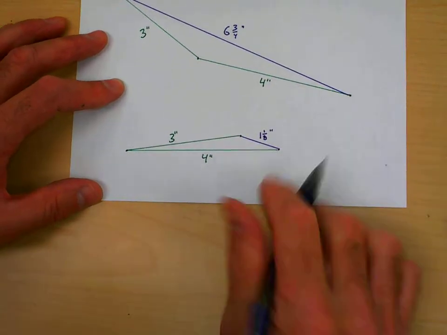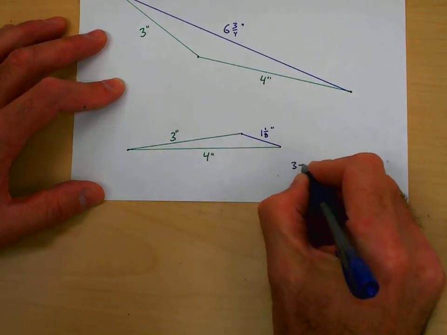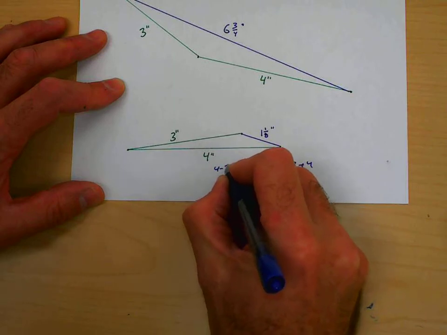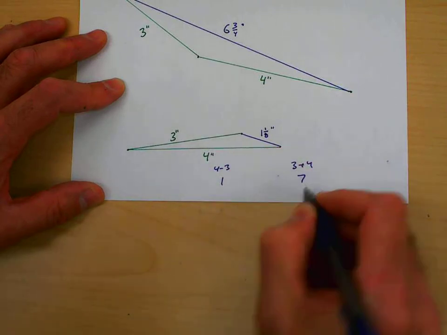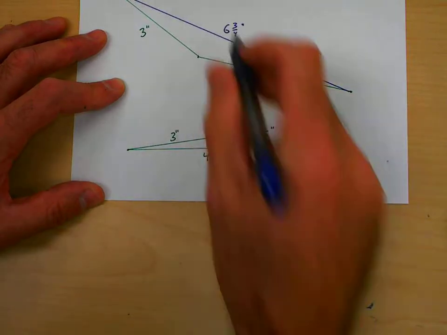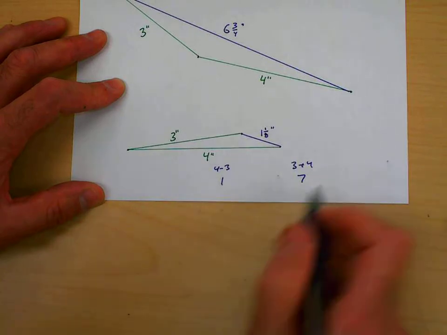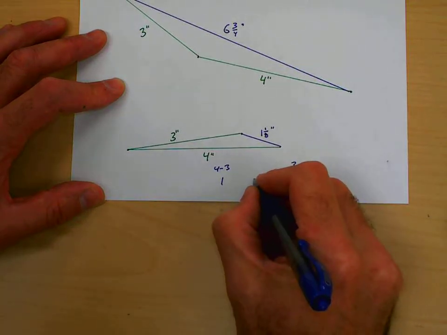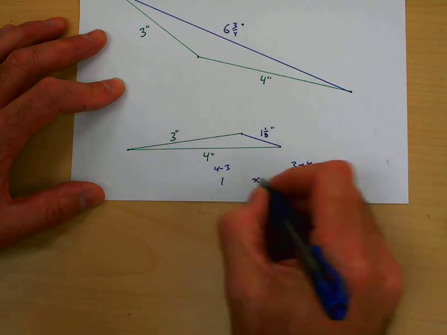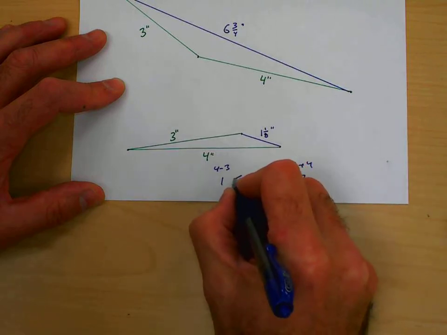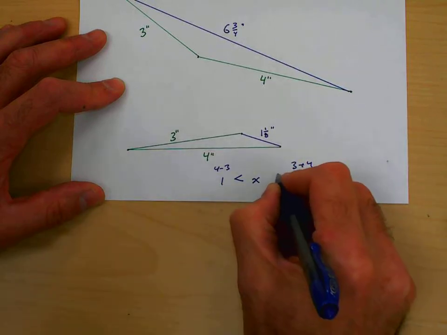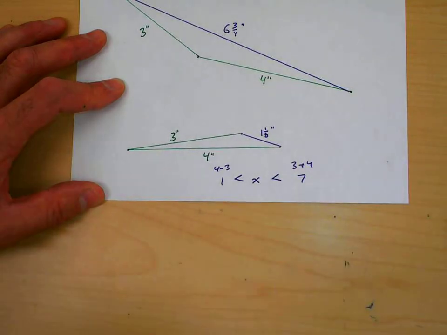If we add the 3 and the 4, or we subtract the 3 and the 4, we get 7 and 1. These two measurements fall between 1 and 7. The third length has to be greater than 1 inch, but less than 7 inches.